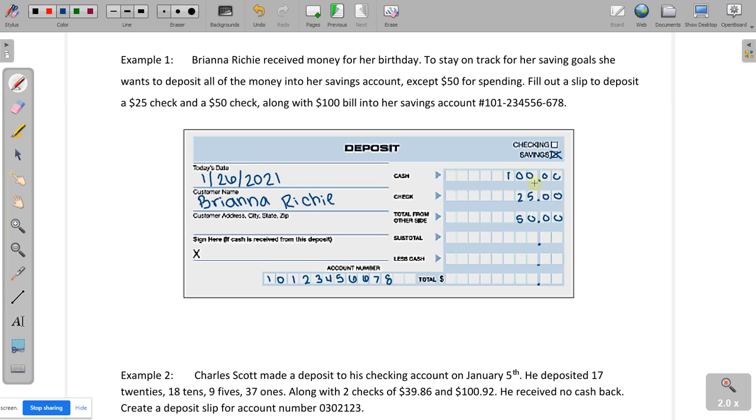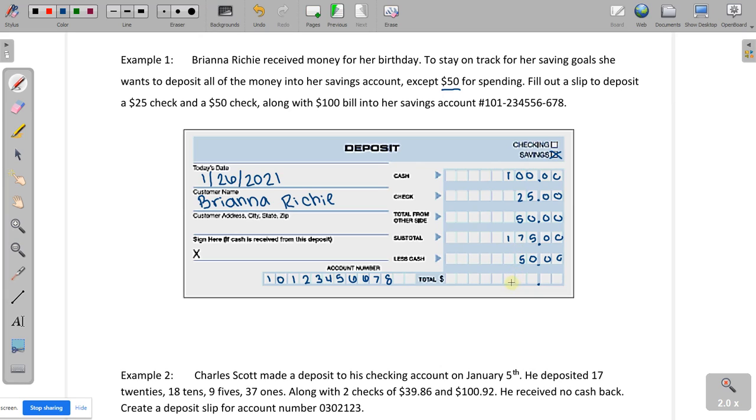Then we're going to find the subtotal. So 100 plus 25 plus 50 gives us $175. But she wants to have $50 for spending in cash. So we're going to put it under less cash and subtract these two.